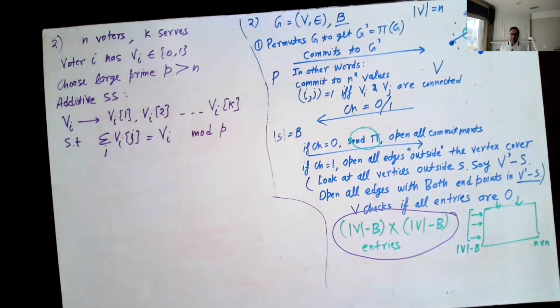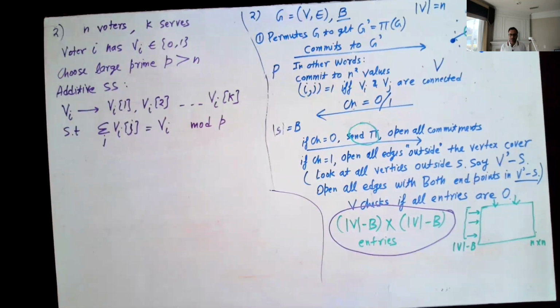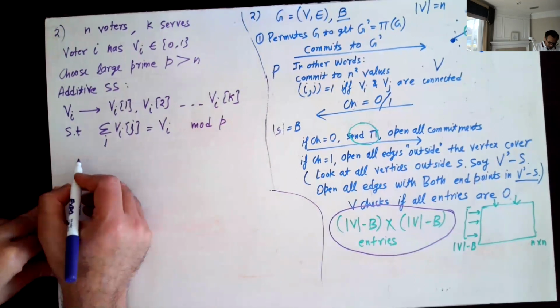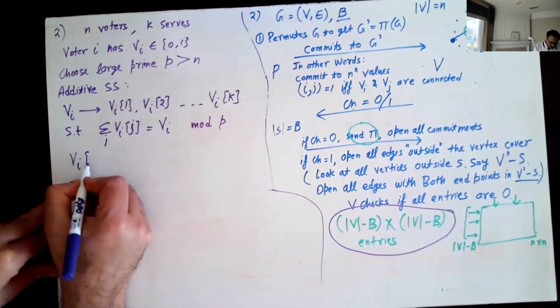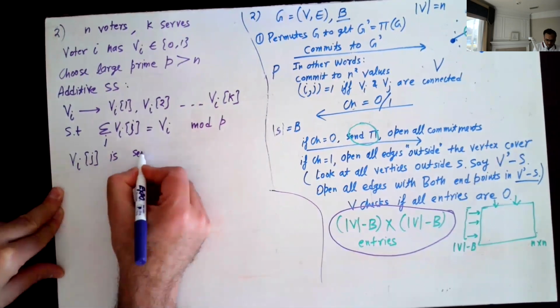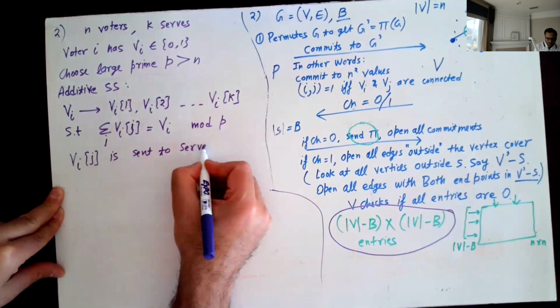This is a little bit different from XOR secret sharing. You cannot use XOR secret sharing here because you need to learn the sum of all votes. And using XOR secret sharing, you will end up getting only a single bit. So vij is sent to server j.